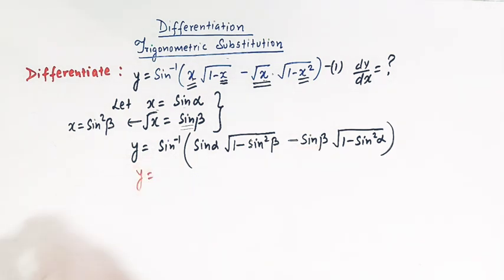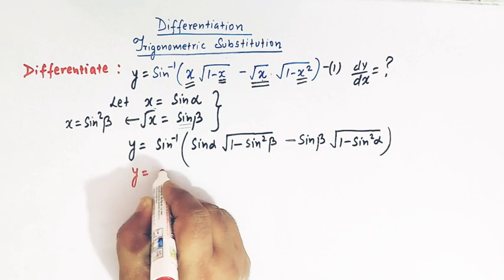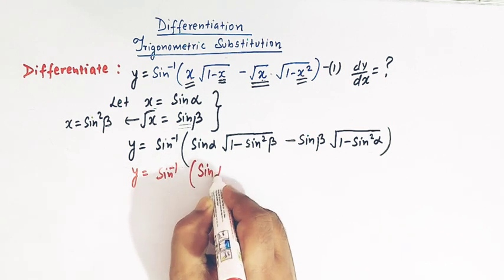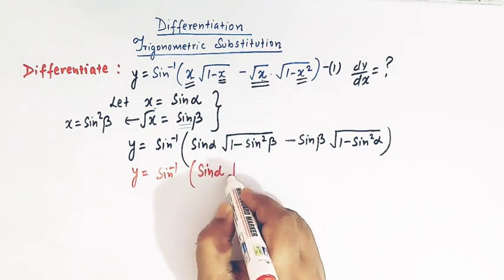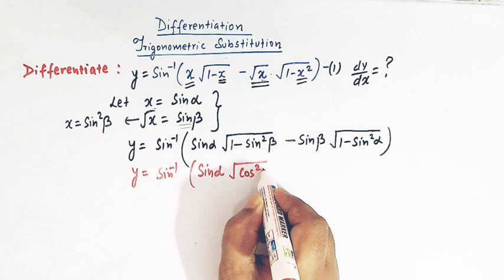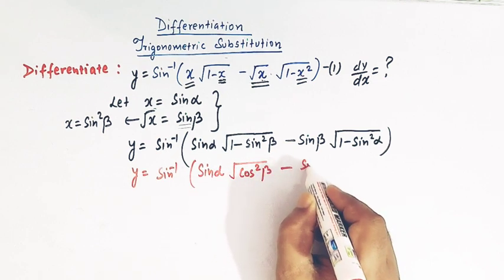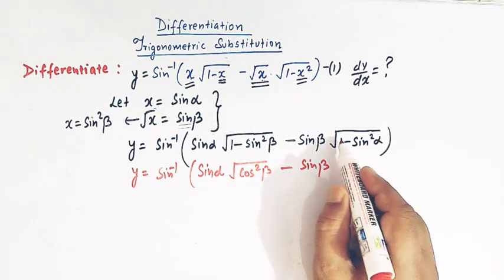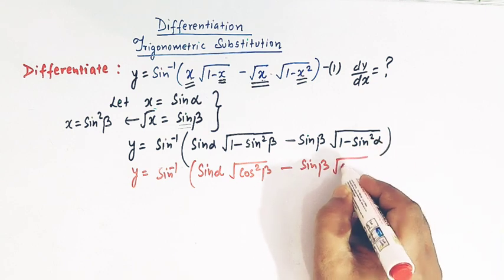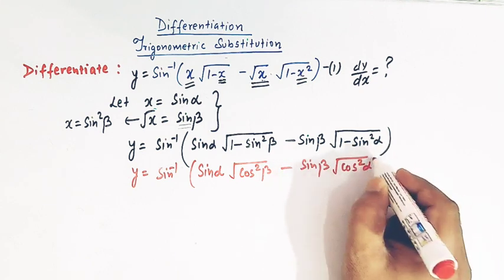So here we have y is equal to sine inverse, and here we have sine alpha, and here we have square root of 1 minus sine square beta, which is square root of cos square beta, minus sine beta, and here we have 1 minus sine square alpha, so this is square root of cos square alpha, right?